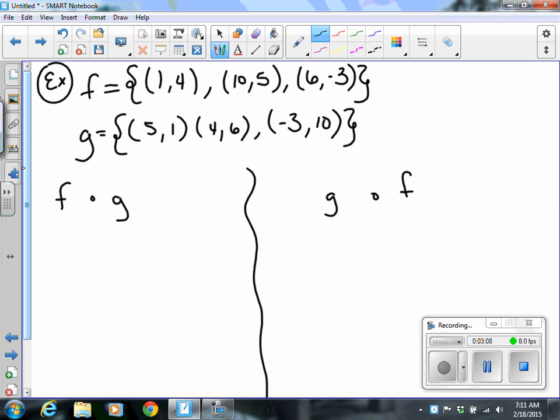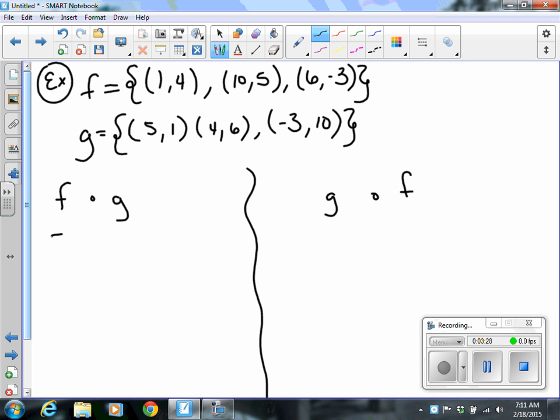We start with our x values. With f of g, remember, it's the second one I start with, so g. I'm looking at the x values for g.